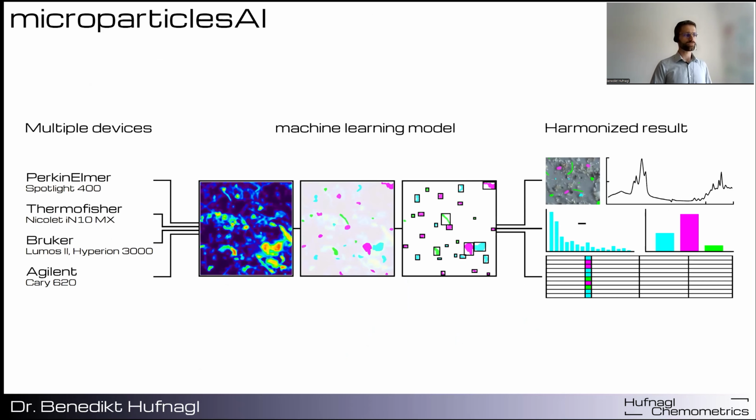microparticlesAI is a software tool for microplastics analysis workflows. So what you do is in your lab, you start with the devices that you have, some imaging capable device like this. You load the data into the software. It applies machine learning to your data, recognizes the particles, and then summarizes and aggregates the results as a report.